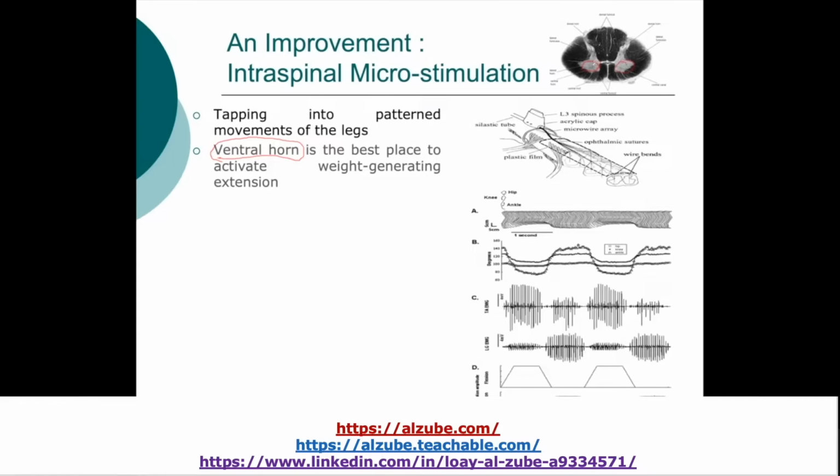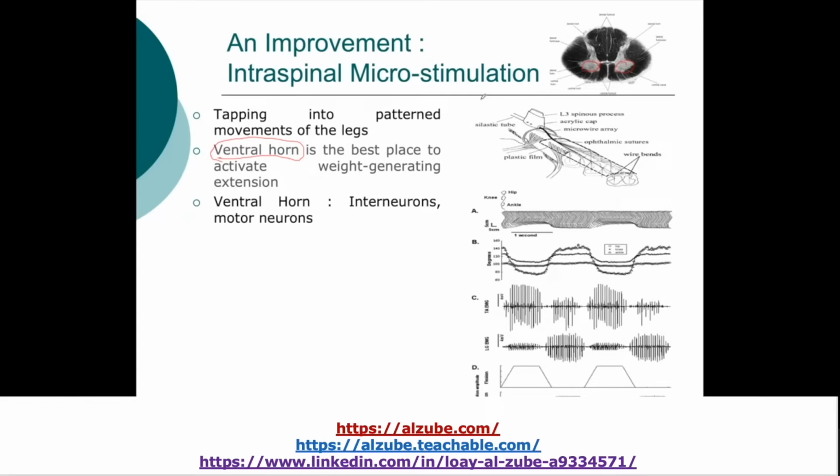And actually, you have axons of neurons that control the movement of the lower part of the body, the locomotion of the lower part of the body, and it is the best place to activate weight-generating extension. So that's what we are targeting in the spinal cord using the intraspinal microstimulation. These are motor neurons.